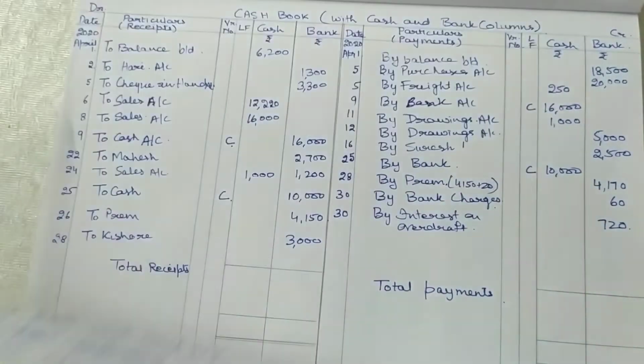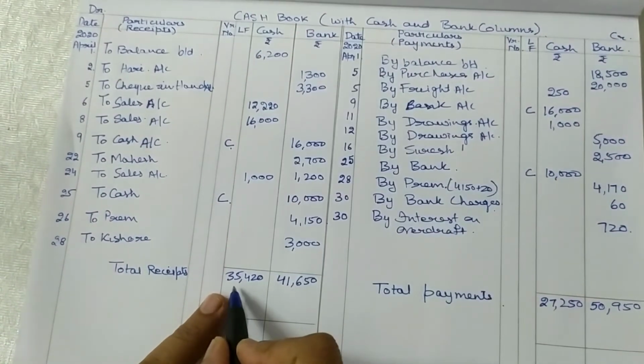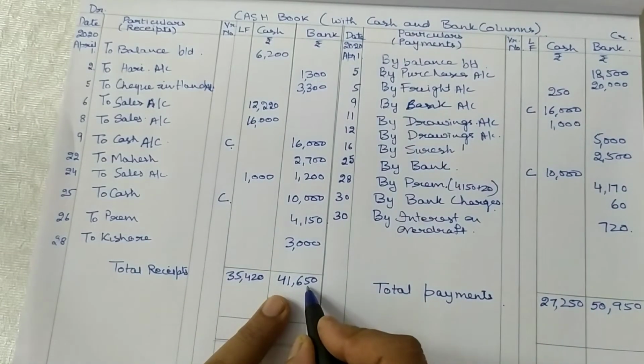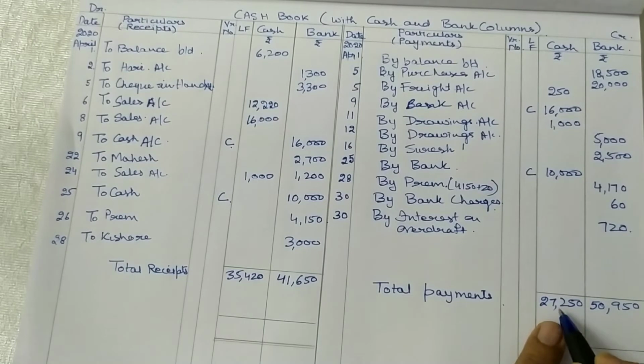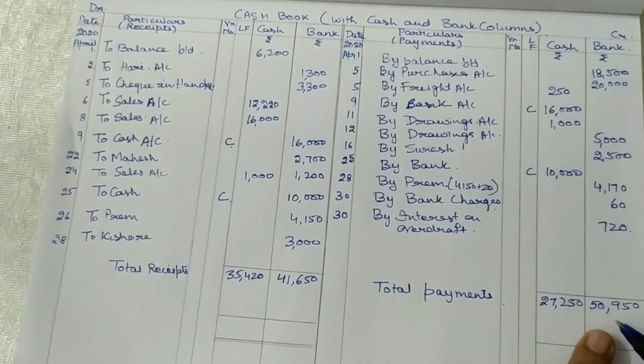So in this way, we have done all entries. Total of cash column is 35,420 and total of bank column is 41,650, and on credit side the cash column total is 27,250 and the bank column total is 5,950.